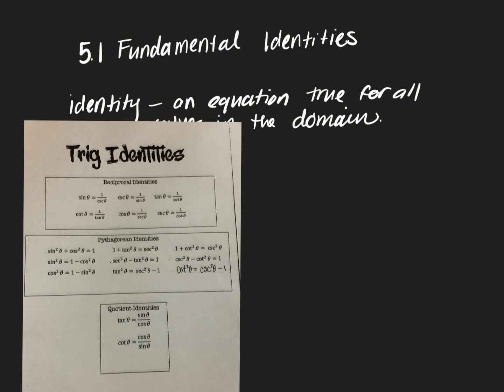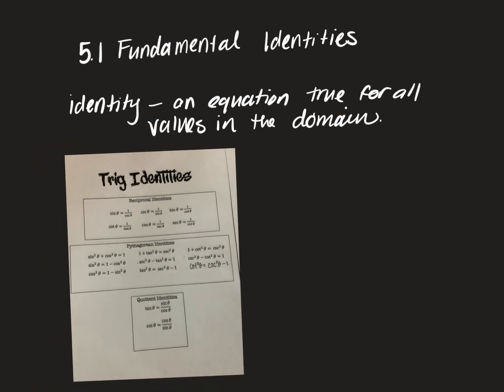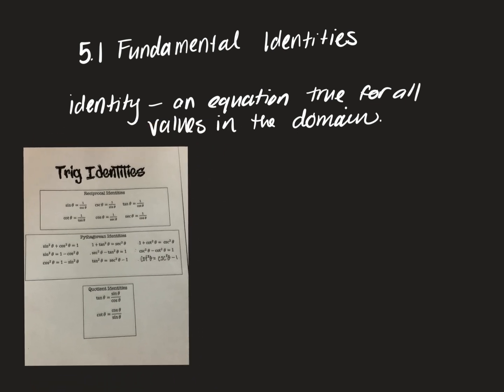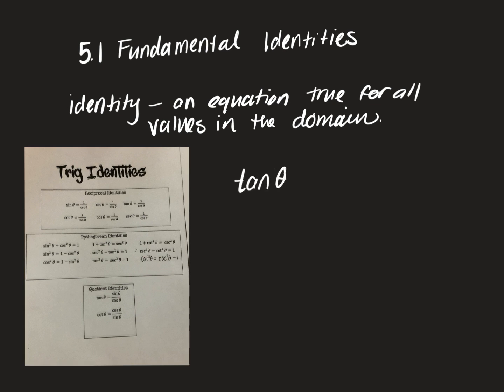All right. The first thing we're going to do is learn how to simplify trig expressions by using these. So let's say we have tangent theta minus secant theta cosecant theta.